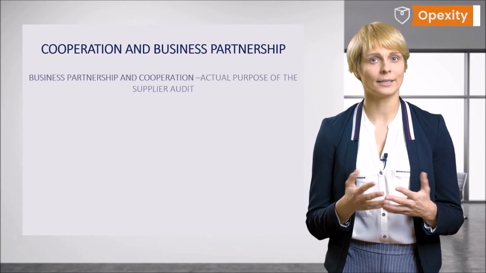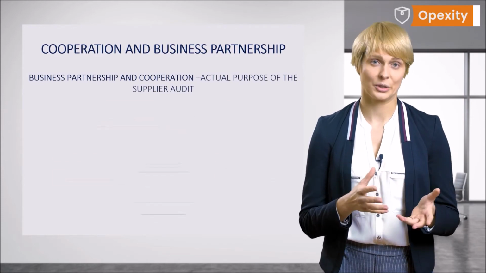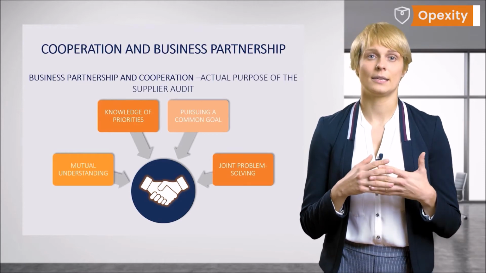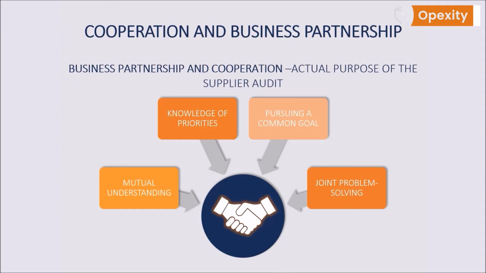The supplier audit is also characterized by its effect upon the communication between the supplier and customer, and by the achieved cooperation and partnership. Auditing is not only about controlling and assessing. It is also a tool for optimizing and directing the supplier towards recognizing the most important aspects of their mutual relationship.